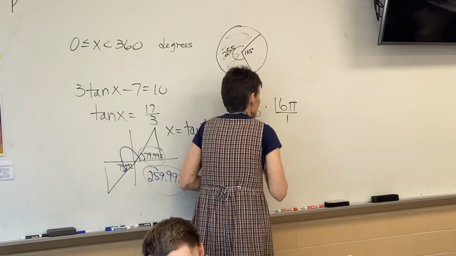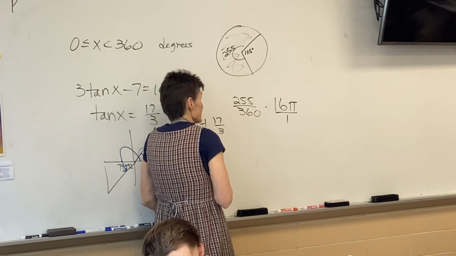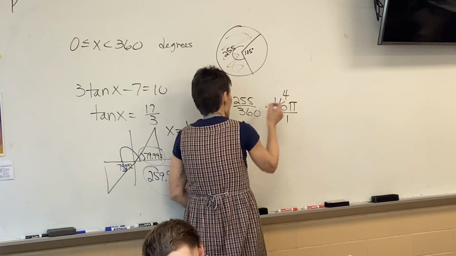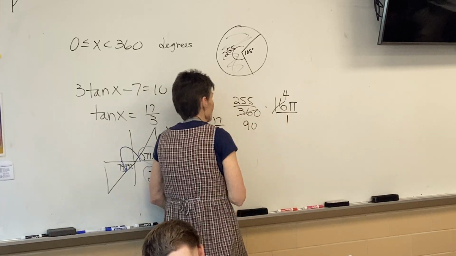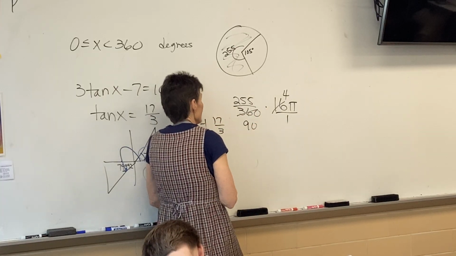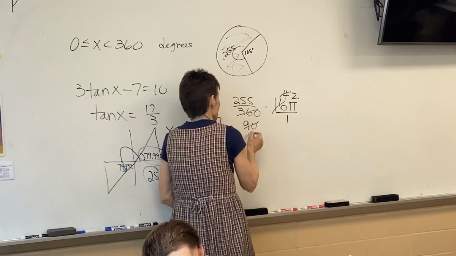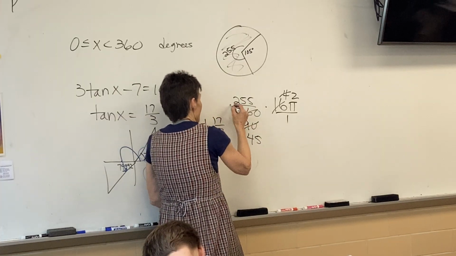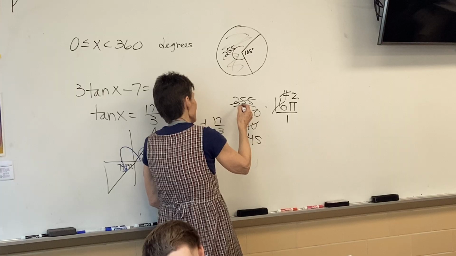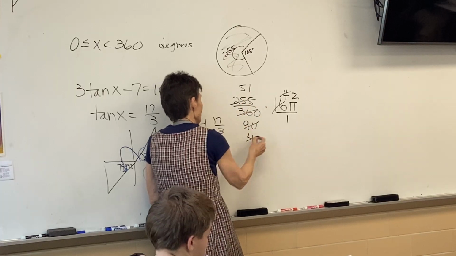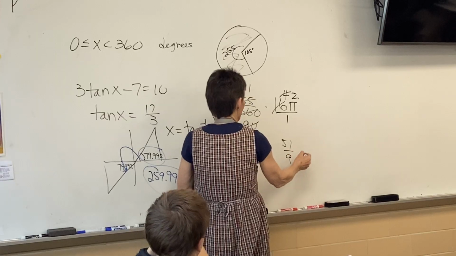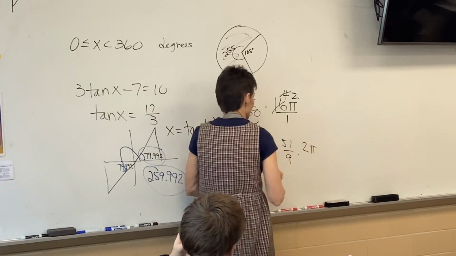So now I'm going to simplify. I know 4 goes into that and that. 2 goes into that and that. 5 goes into this how many times? 51? Alright, so this is getting to be a mess. I'm down to 51 over 9 times 2 pi.